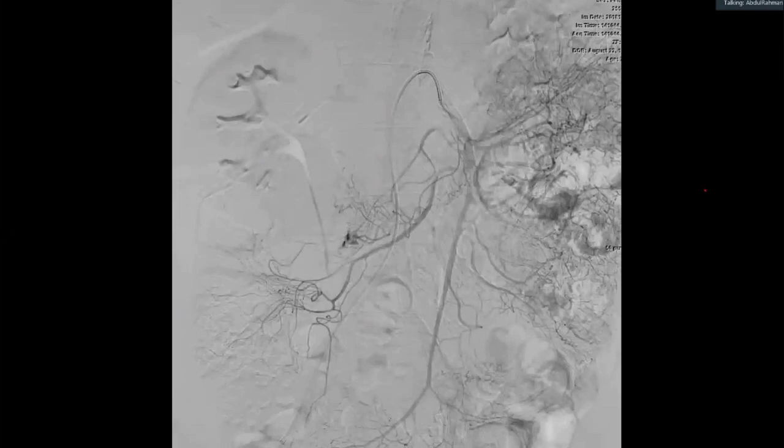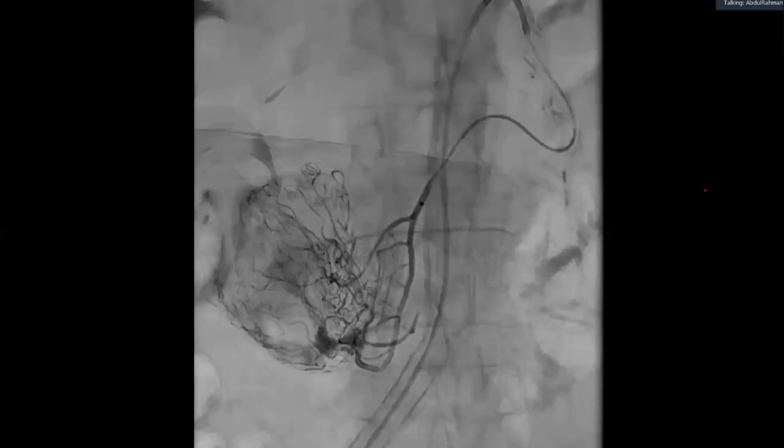So this is active extravasation of contrast. Learning points here: identify the artery and its level correctly, and you may not have seen this before, and that's why you're here, to show you what active contrast extravasation looks like.